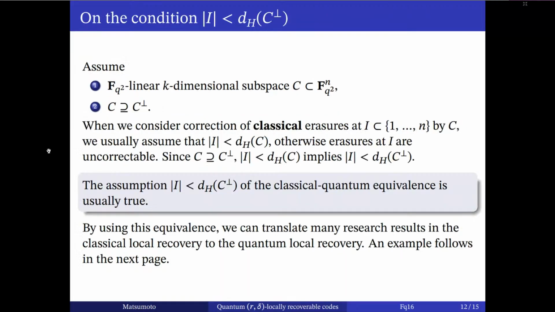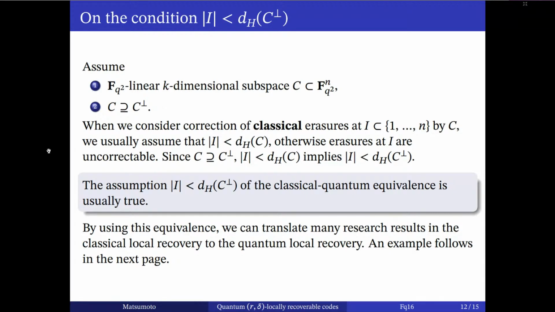And I would like to talk about this additional condition. When we consider correction of classical erasures at I, we usually assume that the number of erasures is less than the Hamming distance of C. Otherwise, erasures at I may not be correctable. And in the quantum setting, we are assuming C contains C-perp.